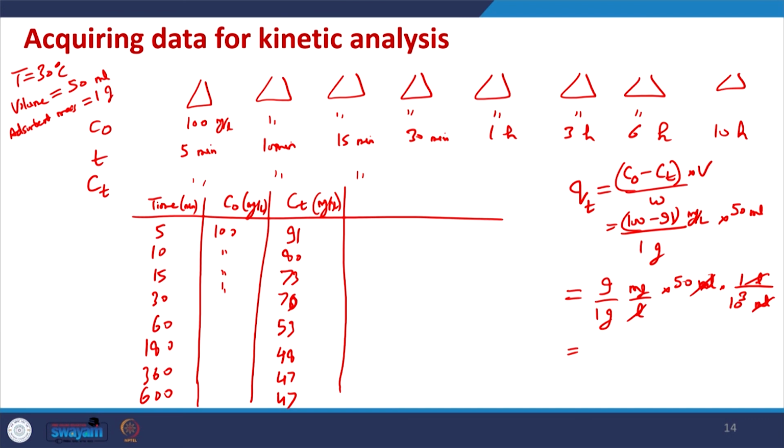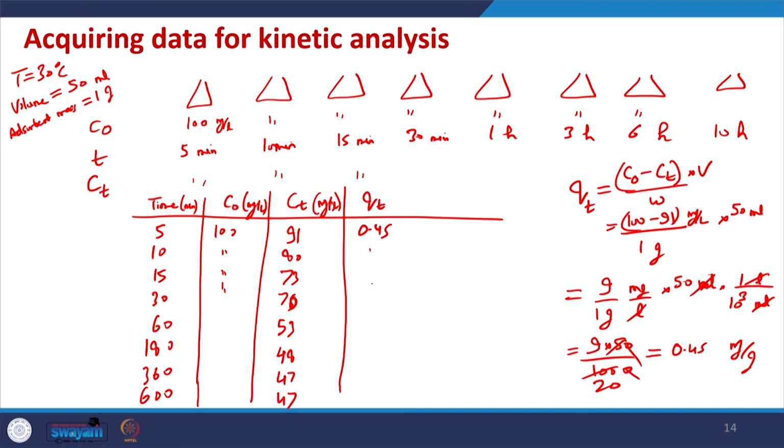So, it will be 9 into 50 divided by 1000. So, 1 goes off, it will be 0.45. This will be milligram per gram. This will be the value of QT at this place.